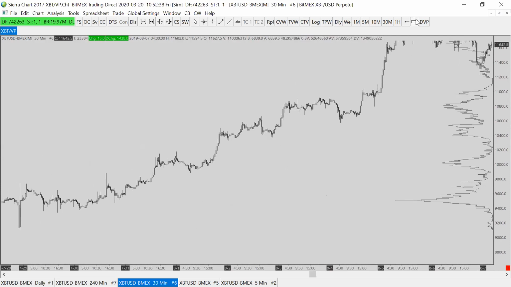I'll mark out the LVNs in grey here, something like that, and the HVNs in red.